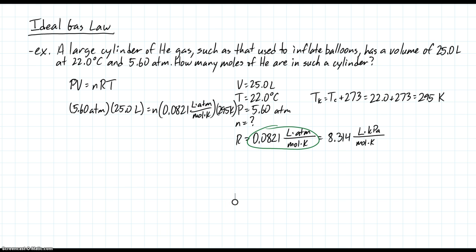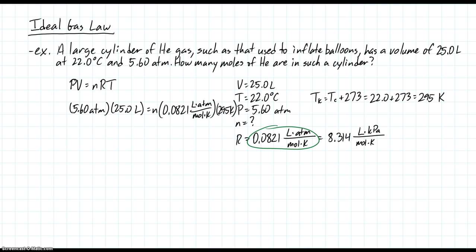So there are a couple different ways that you can go about doing this. One would be to divide to get N by itself. The other would be to multiply out the numbers that we have right now. If we do that, though, we need to make sure to keep a couple of extra digits around. We don't want to introduce any rounding errors at the end when we round to the proper number of significant figures. So here, all the numbers that we have have three significant figures. So if we're going to multiply at this step, let's say we're going to keep 5 significant figures so that we know that we don't introduce any rounding errors.